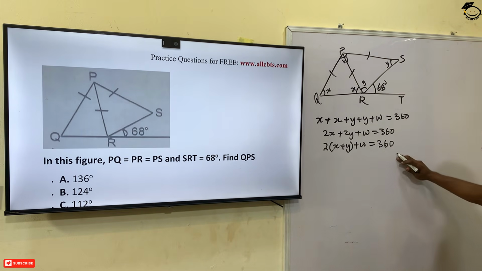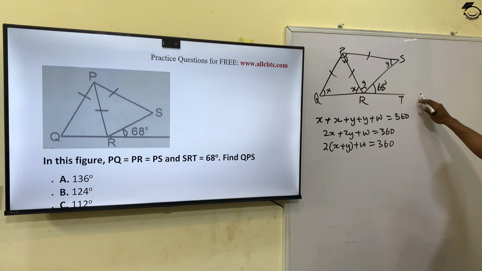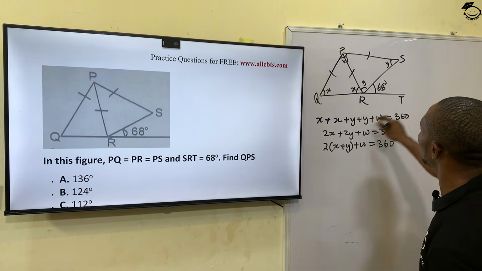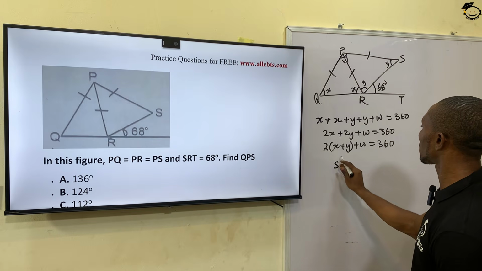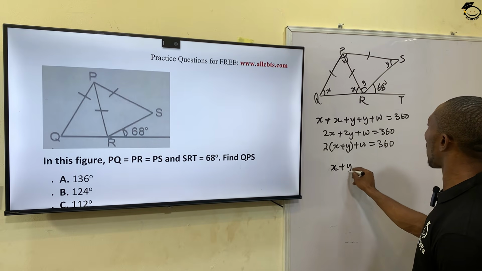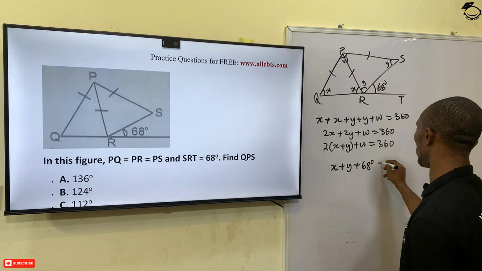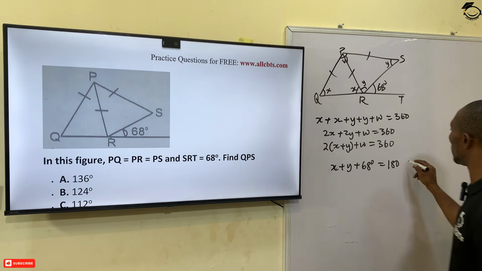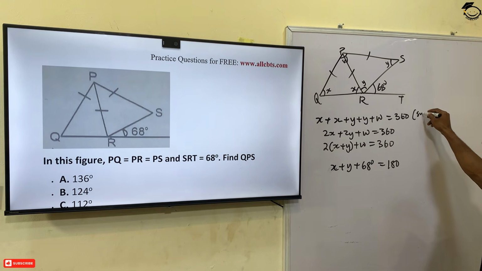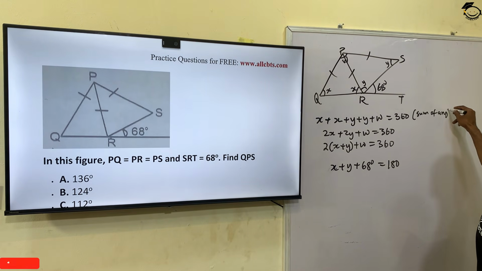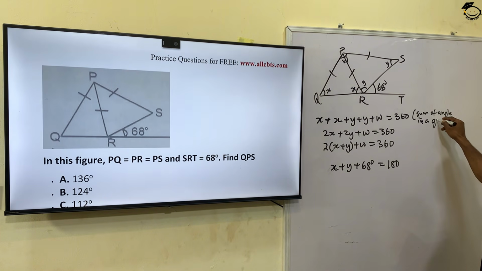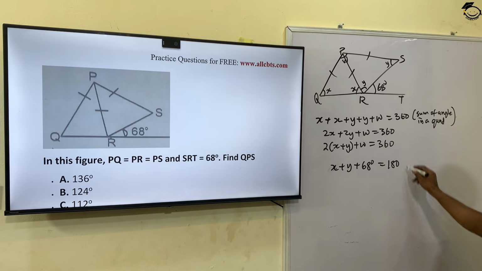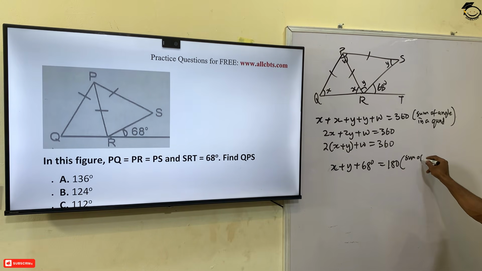Now, having this aside, on our straight line, on our QRT straight line, we know that x plus y plus 68 degrees equals 180. The reason here is the sum of angles on a straight line.